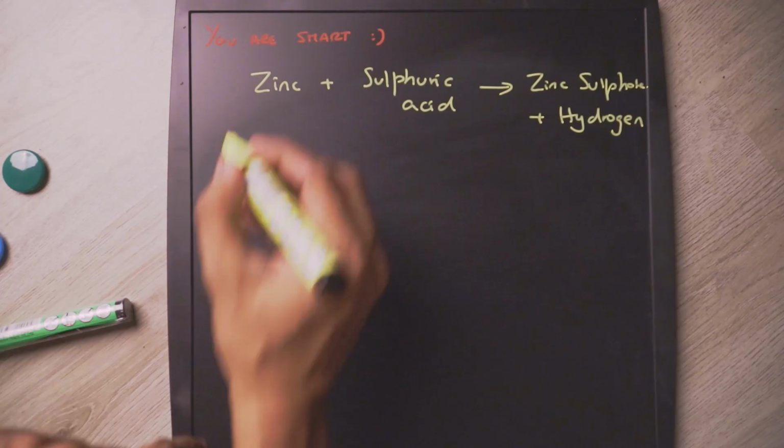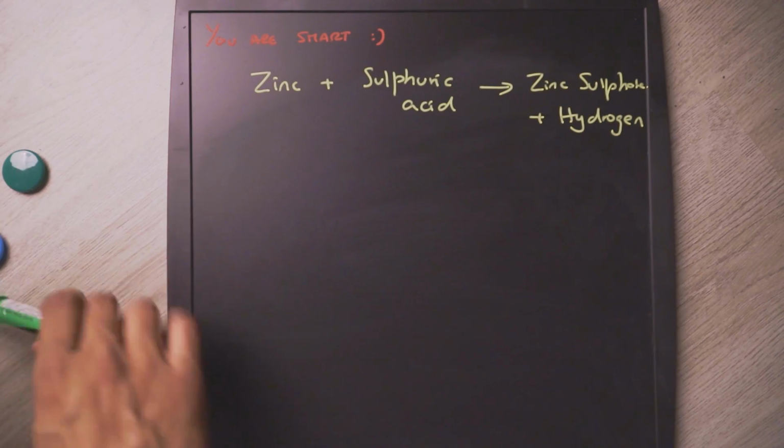Now let's write the chemical equation. It may or may not be balanced. We won't know until we've actually written it. So let's write it. Okay. What is zinc? Zinc is Zn.